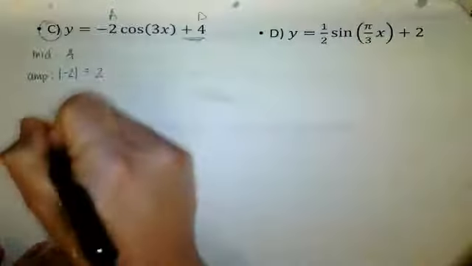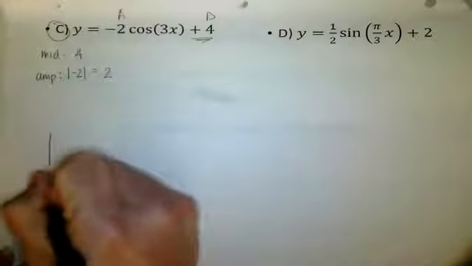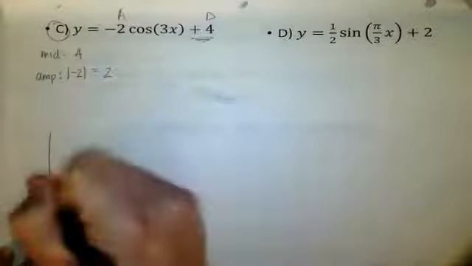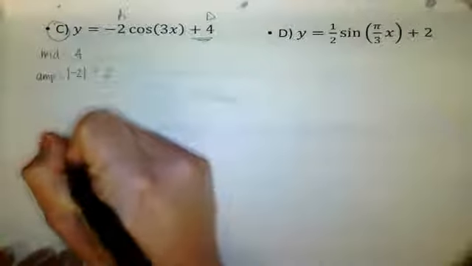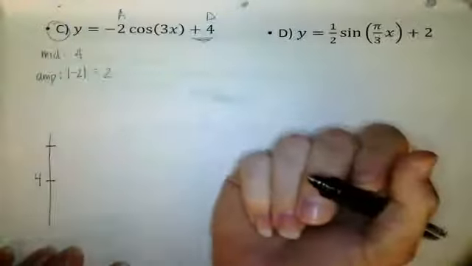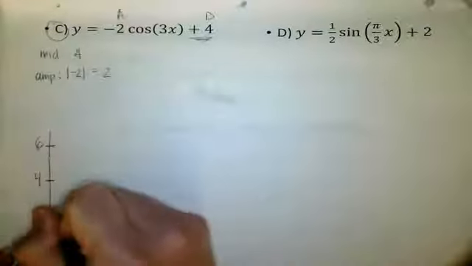All right, so that's enough to get me started on my vertical numbers here. What is my midline? 4. And now the amplitude is 2. So what does my maximum value end up being? 6. And what does my minimum end up being? 2.